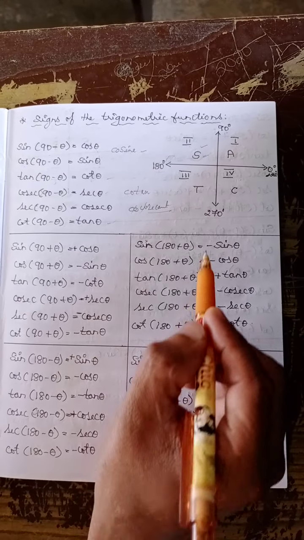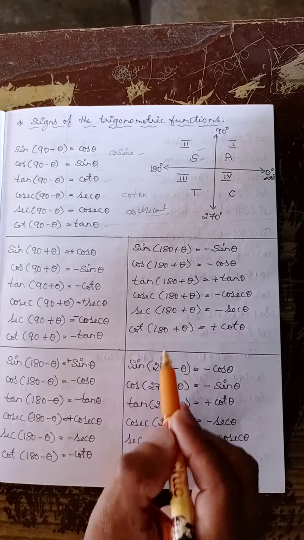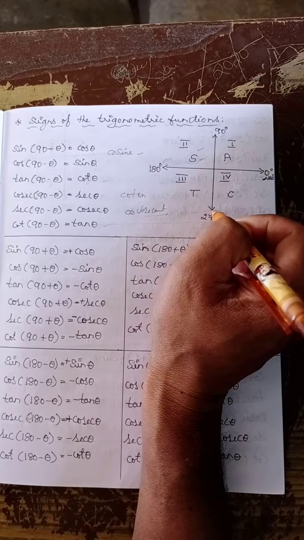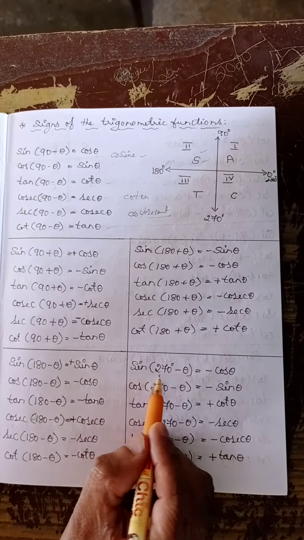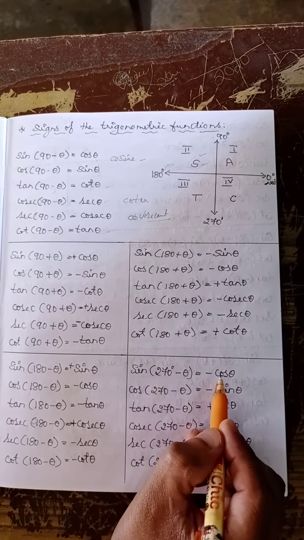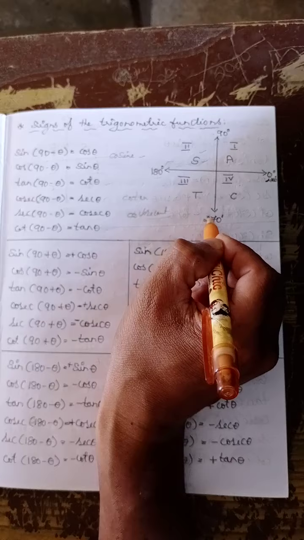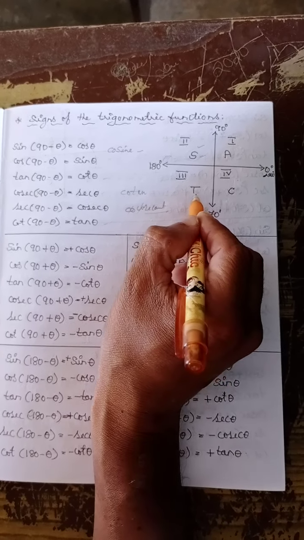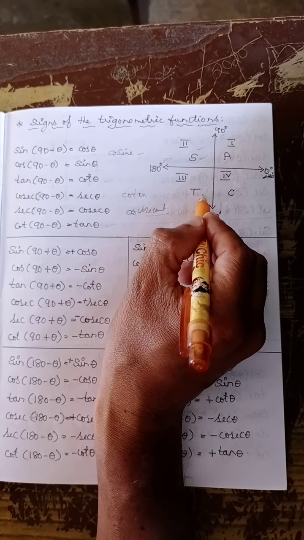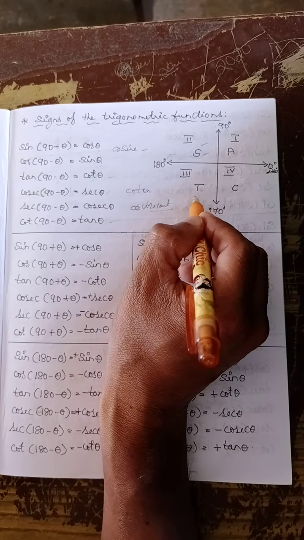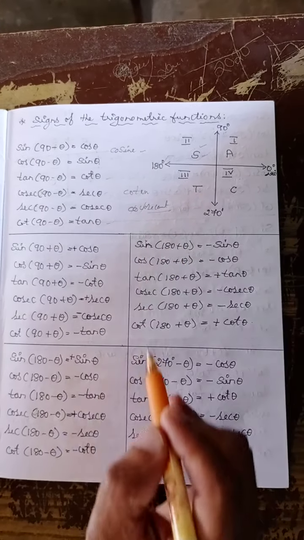Now we can see the trigonometric functions of 270 minus theta. It is again complementary because it is on the y-axis. So sine of 270 minus theta is equal to minus cos theta. 270 minus theta belongs to the third quadrant: if we subtract any angle from 270 degrees, it belongs to the third quadrant, where tangent and its reciprocal cot are only positive, and the rest of all the trigonometric functions are negative.